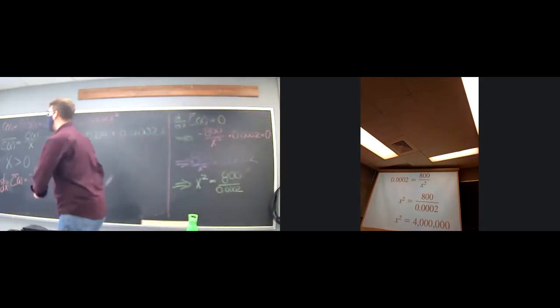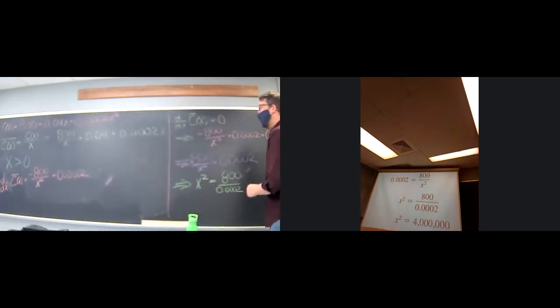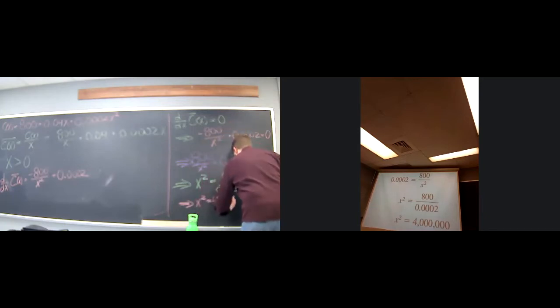I had to say that forcefully, stupidly. So X squared is equal to 4,000,000, right?